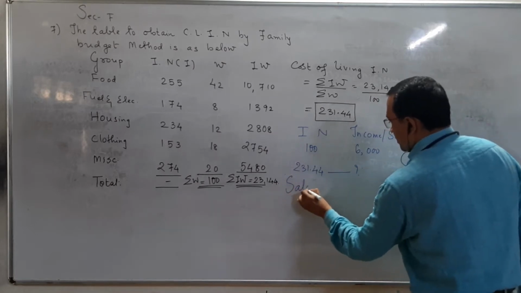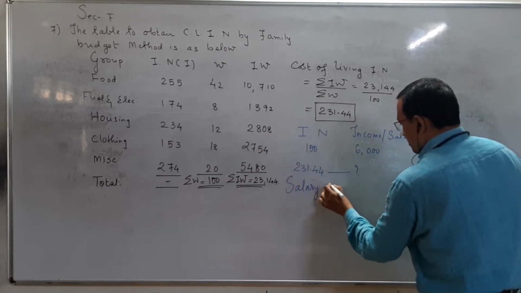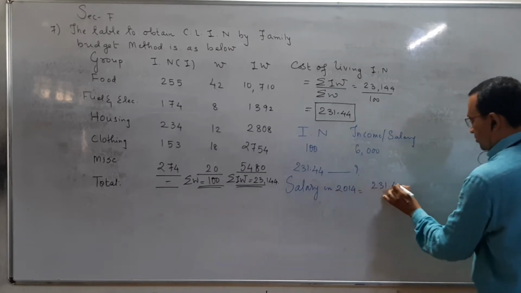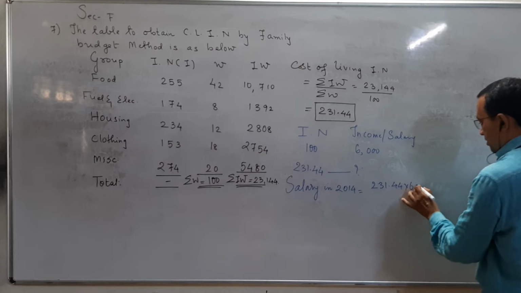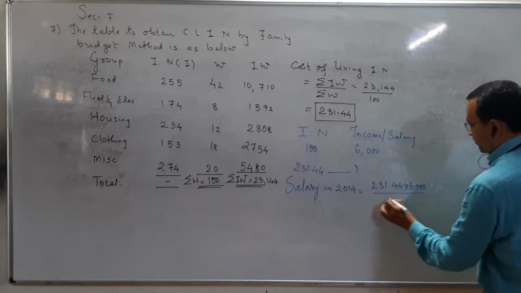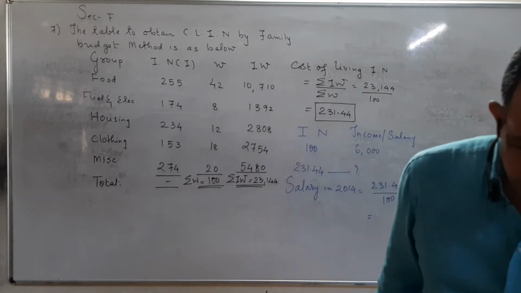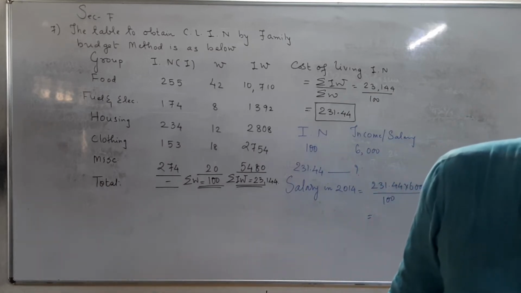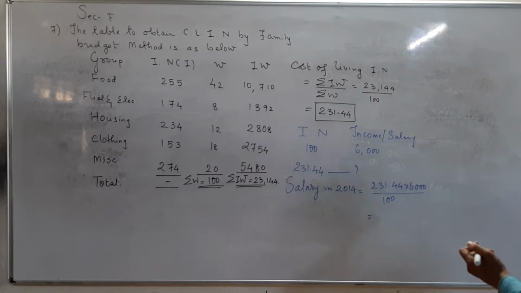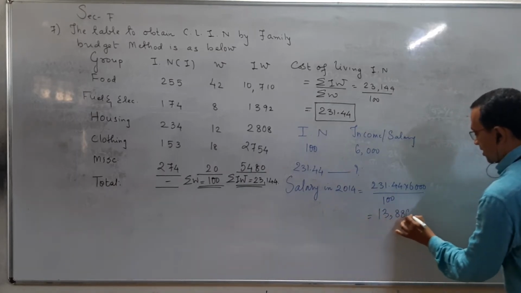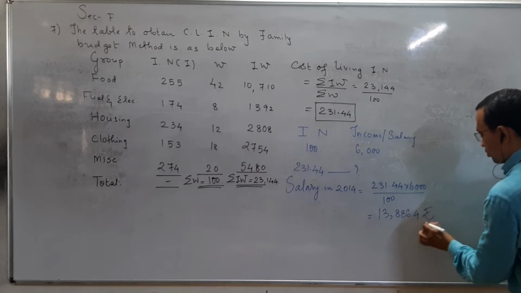So salary in 2014 will be 231.44 into 6,000 divided by 100, and this works out to be 13,886.4 rupees.